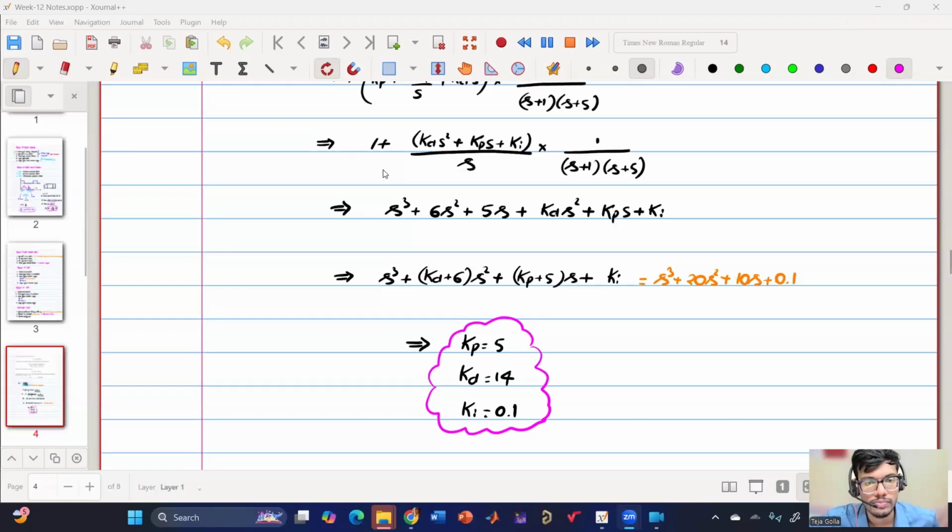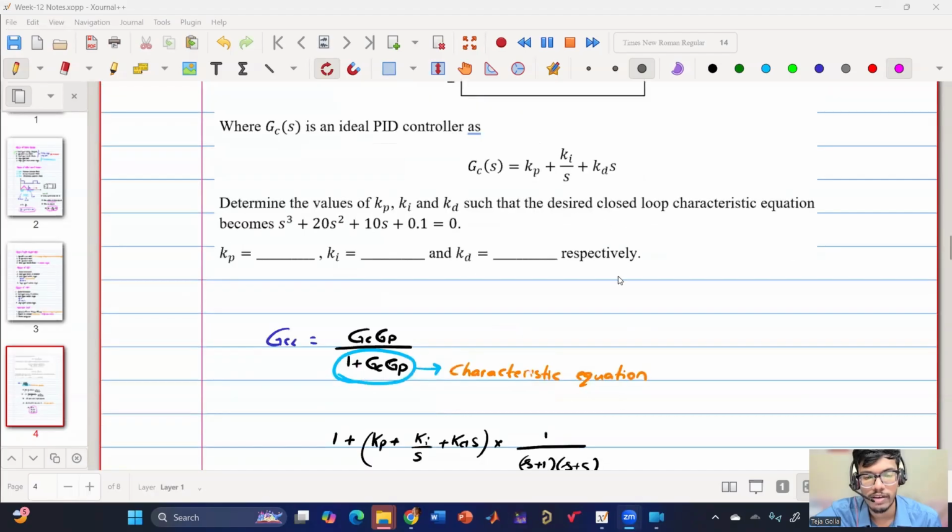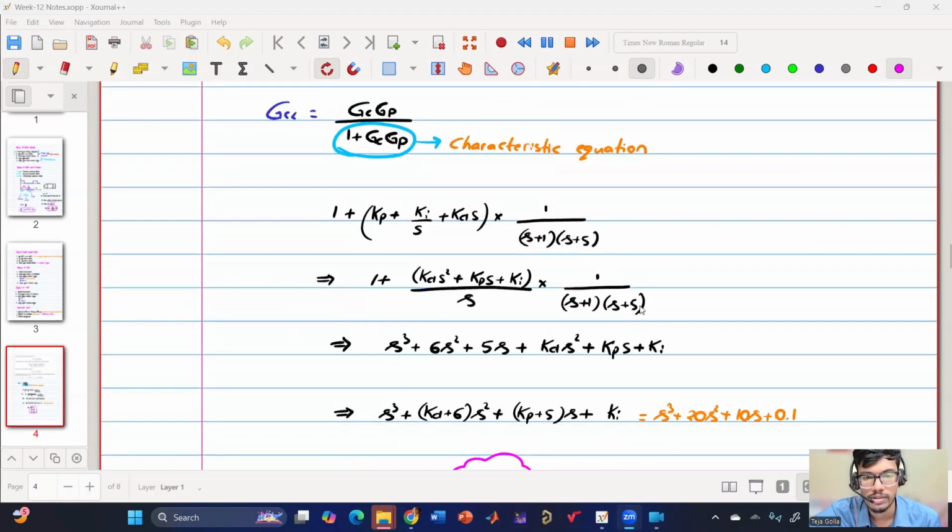Are you able to solve? Hello, Sonali. Yes, sir, I'm trying, but I'm not getting this step, 1 upon (S plus 1) and (S plus 5).